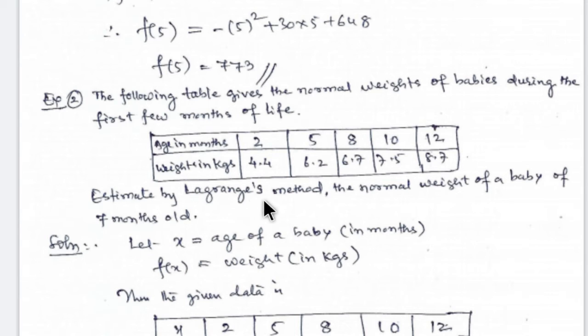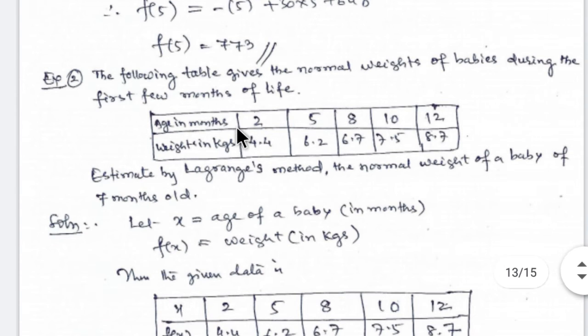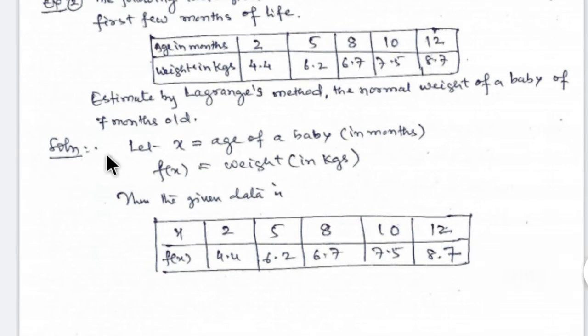okay, by Lagrange's method, the normal weight of a baby of 7 months old. 7 months. Okay, these are age in months. Solution: let x equal to age of a baby in months, f(x) equal to weight in kilograms.